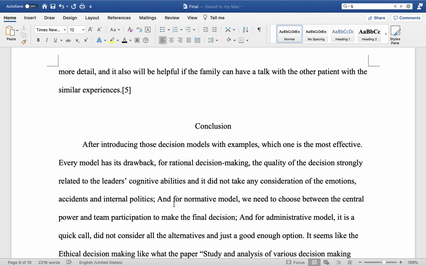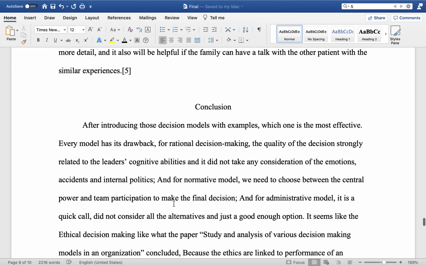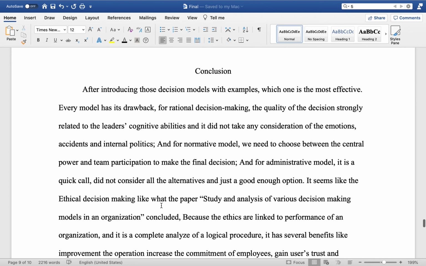The decision is strongly related to the leader's cognitive abilities, and it does not take any consideration of the emotions. For the normative model, we need to choose between central power and team participation to make the final decisions. And for the administrative model, it is a quick call that does not consider all the alternatives, and is just a good enough option.